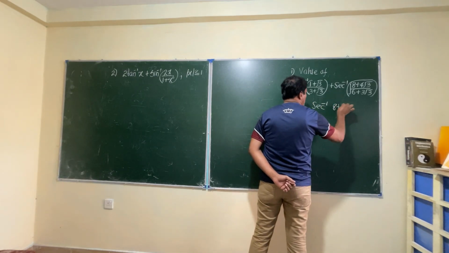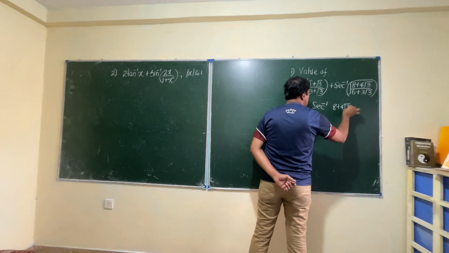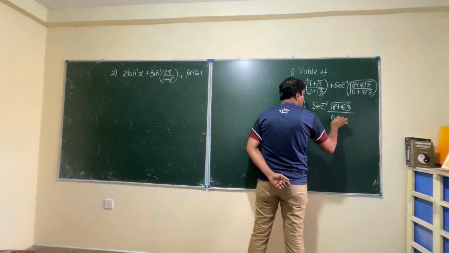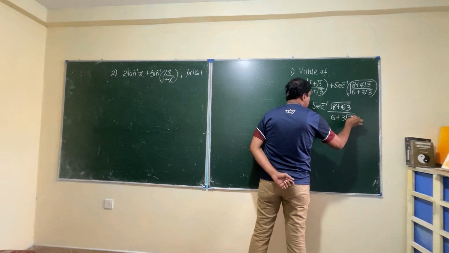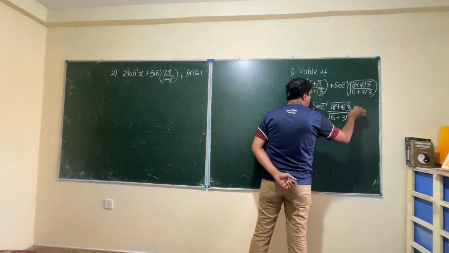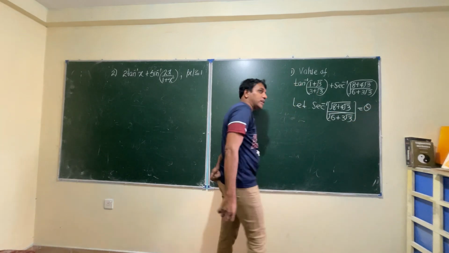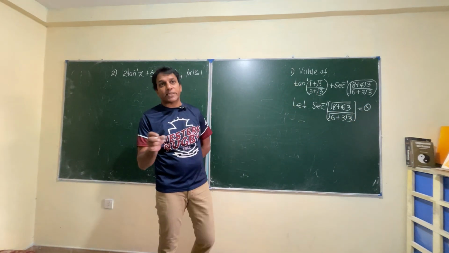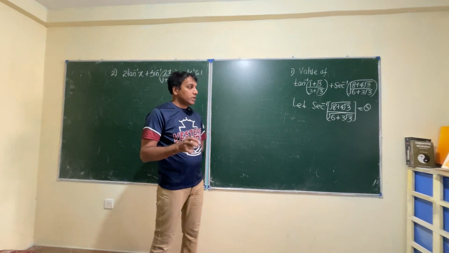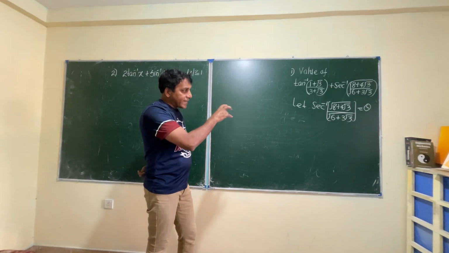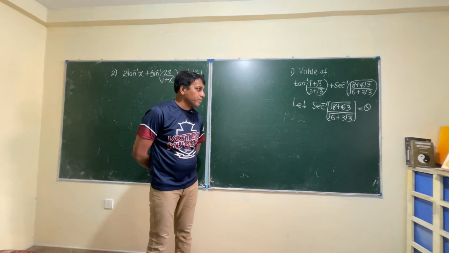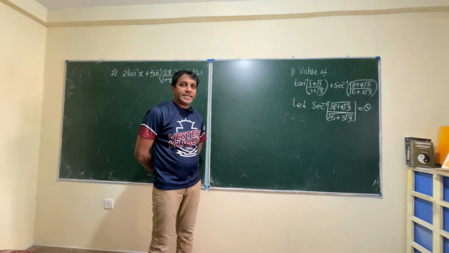square root of 8 plus 4 root 3 over square root of 6 plus 3 root 3, right? So I think that's theta. Inverse means an angle: sine inverse, an angle; cos inverse, tan inverse, that is an angle. So sec inverse, that is, I think, theta. So I try to find what is tan theta.